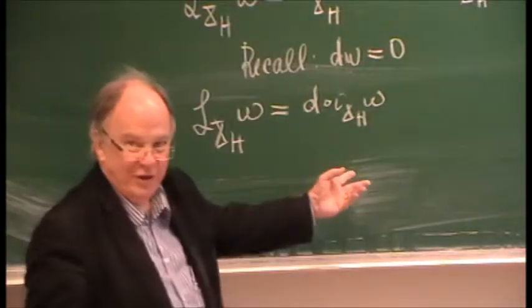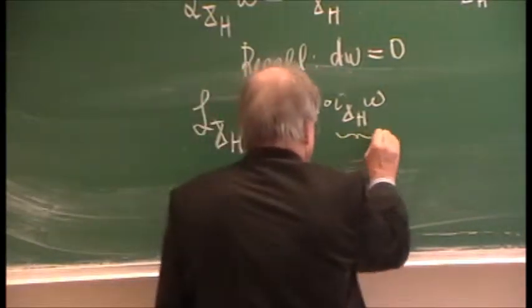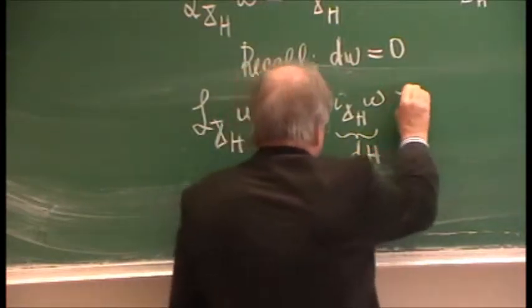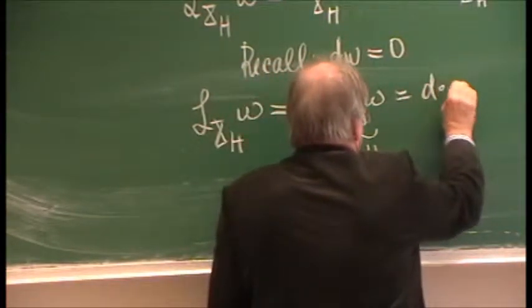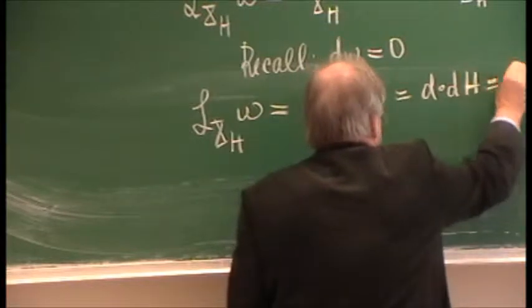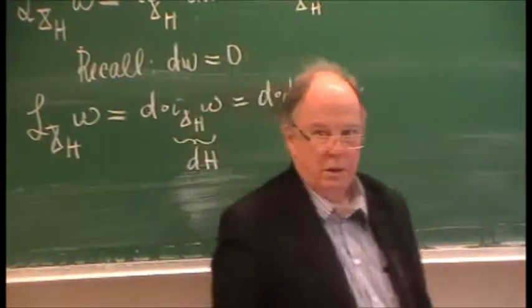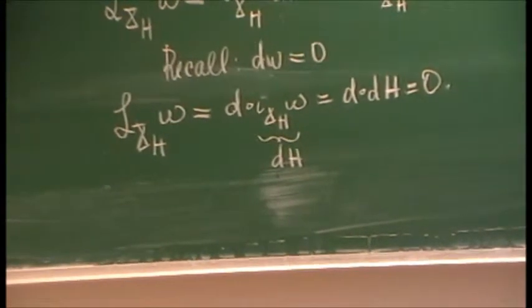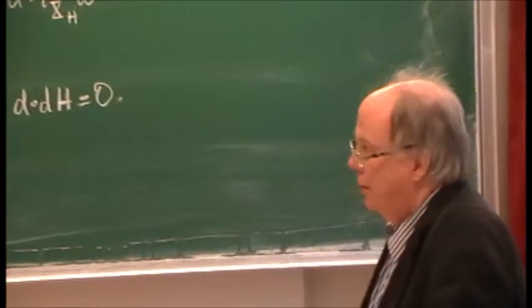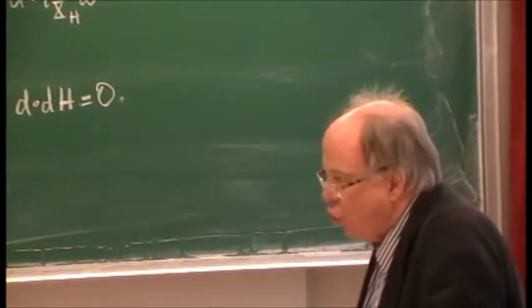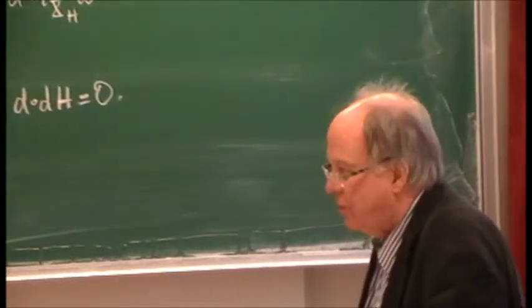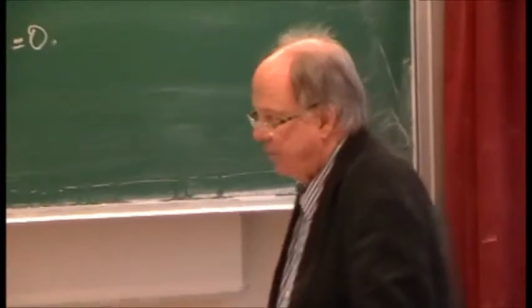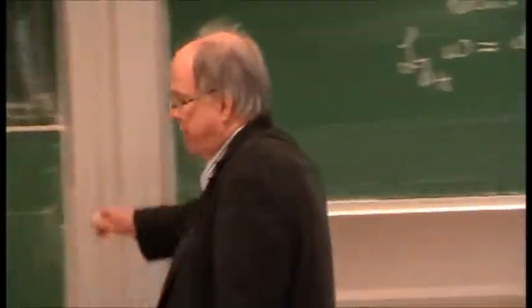Yeah, and by definition, this thing here is dH, so this is d composed with d of H, which is 0. But what I was saying is that if you look at the other thing, that the one parameter group doesn't change it, you just prove that the Hamiltonian field, when you take the push forward, it's just in the symplectic group. No, no. I agree completely with what you're saying. The Hamiltonian fields, so be careful. I now see what you're saying.